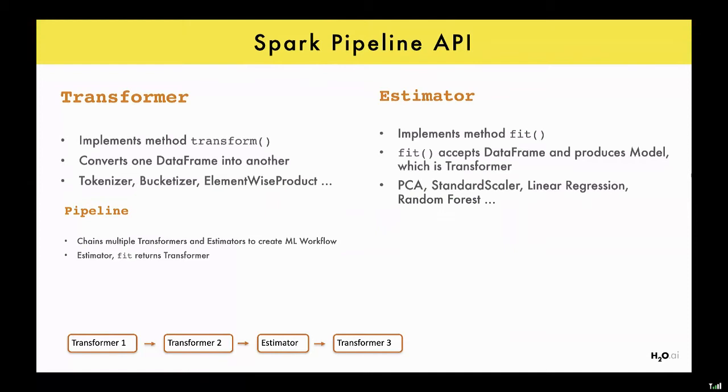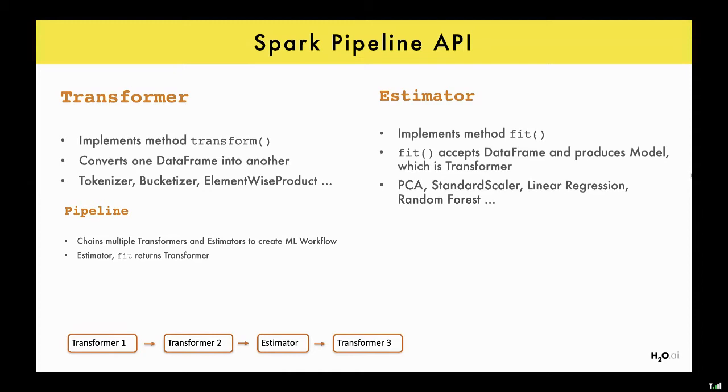Those stages represent data manipulations. You can define a pipeline which will consist of, let's say, 5 stages, and when you run fit on that pipeline, it will go through each of the stages and run the code inside of each stage. Now we have two kinds of stages. We have a transformer, which implements the transform method, and it's usually good for transforming your dataset from one state to another.